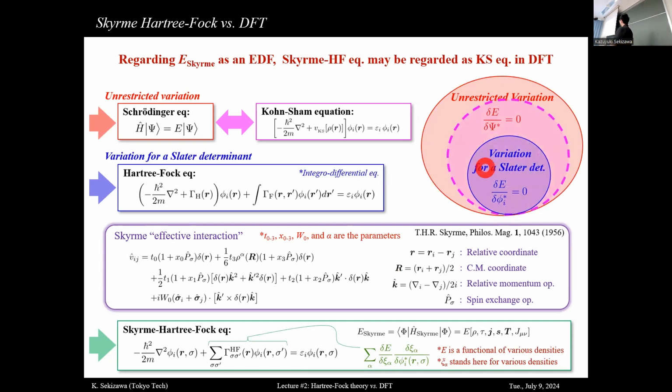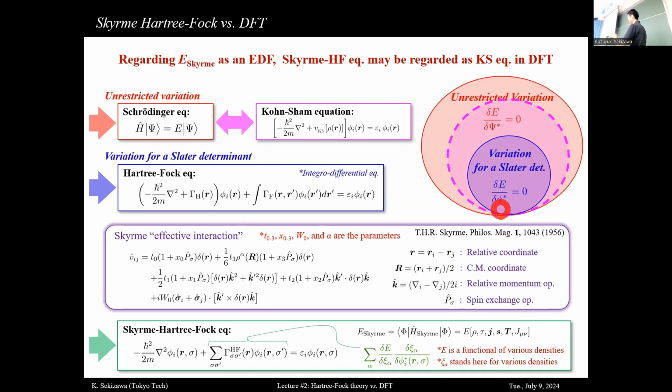Since we work with a Slater determinant, we have restricted the variation space. But if we regard this energy expectation value as an EDF, and correctly fit the parameters in the EDF to the existing data, it provides better and better results.